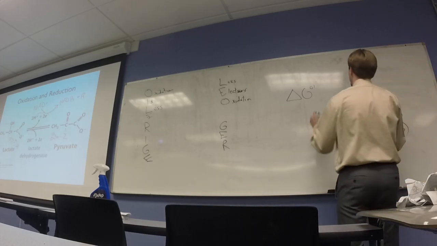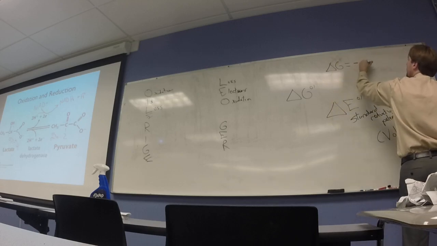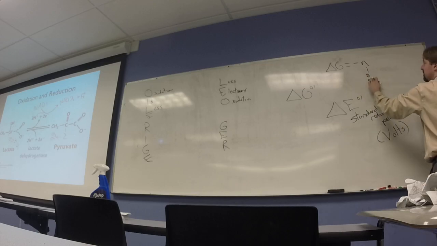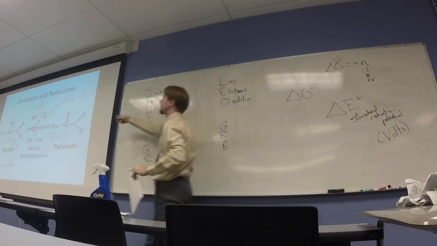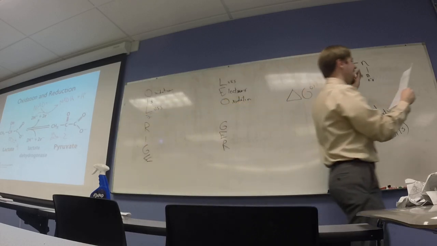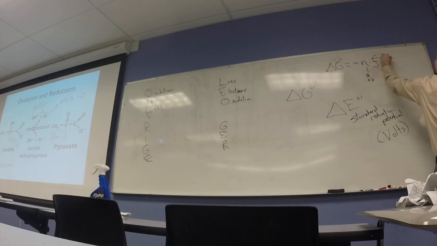It was defined by Faraday. He said delta G equals negative N, the number of electrons, times the Faraday constant times delta E. So for example, in this process, N would be 2. It's just a scaling factor to convert between delta E and delta G. Good so far?